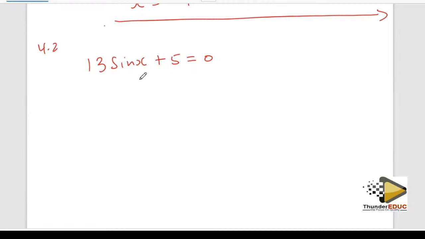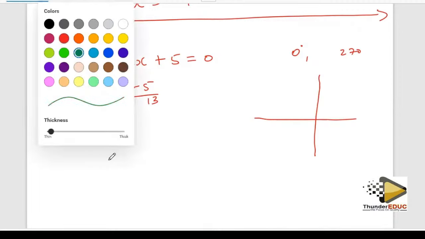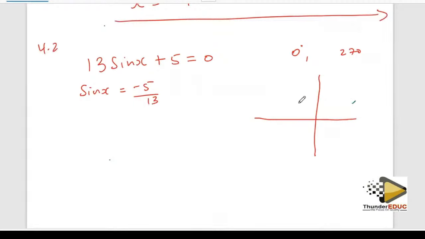So 13 sine x plus 5 is equal to 0. Step number 1, isolate this trig ratio. Move the 5 that side and then divide by 13, so that I have sine x is equal to negative 5 over 13. Remember, they're telling us that our x must be between 0 and 270. So when you're drawing your sketch, we need to align it in the correct quadrant, between quadrant 1, quadrant 2, and quadrant number 3.